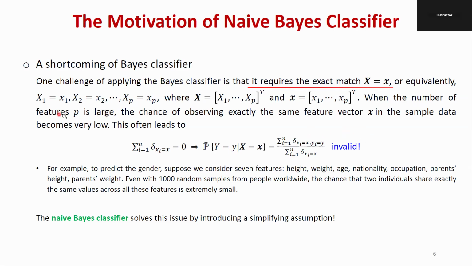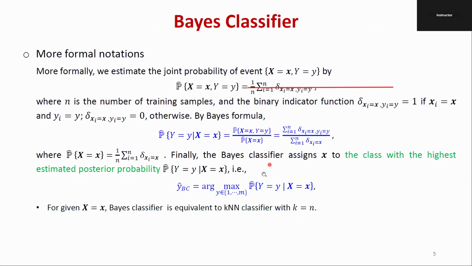The reason is that if the feature number p is large, trust me, in some cases you could have p like a million, and the chance that you observe exactly the same feature vector x in the sample data is actually very low. Remember, here we got this posterior estimate by Bayes formula, right?